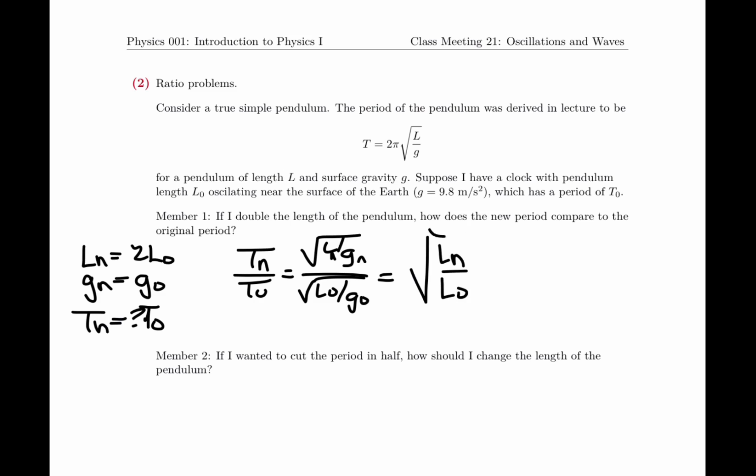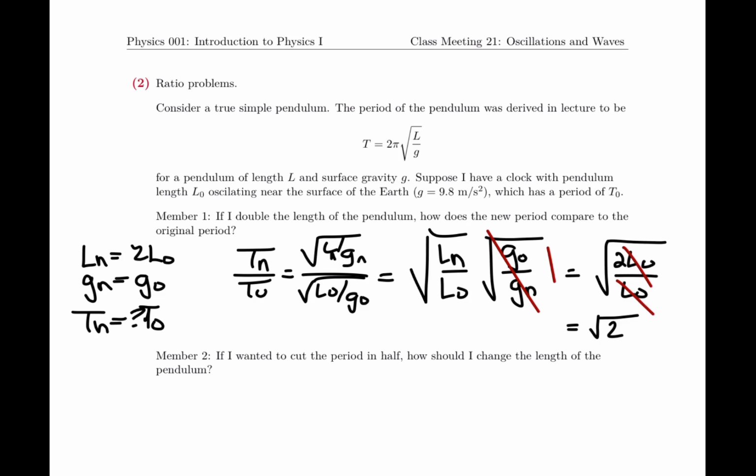So this is L new over L old, and then the square root of g old over g new. Again, fraction of fractions, so you've got to be careful. This goes away to unity because they're the same. This is twice L old over L old. Those cancel. This just becomes the square root of 2. As a result, T new equals the square root of 2 times T old.